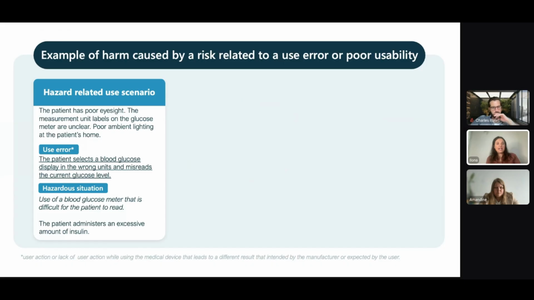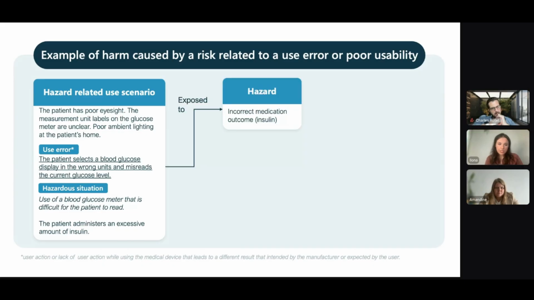Then you have the hazardous situation, so the use of a blood glucose meter that is difficult for the patient to read, which leads to the patient administering an excessive amount of insulin. This hazardous situation will expose you to the hazard, which is an incorrect medication outcome for insulin, and the hazard is the source of the harm, which will be the coma.